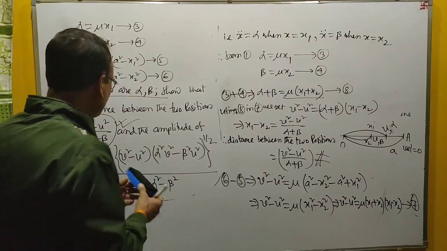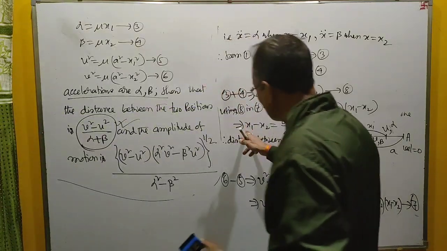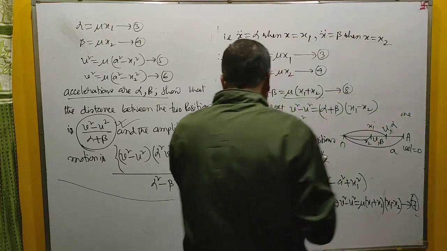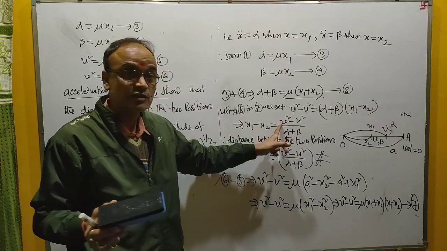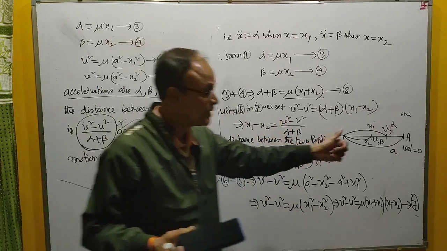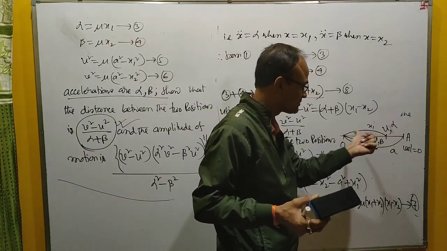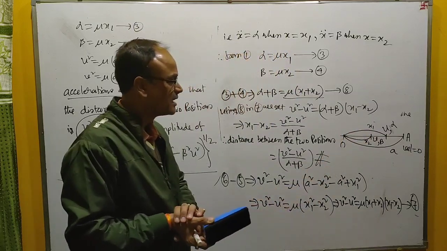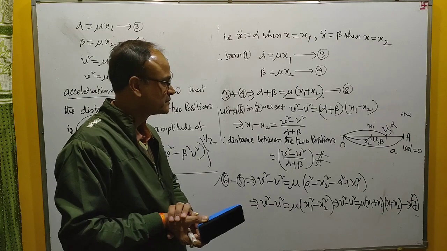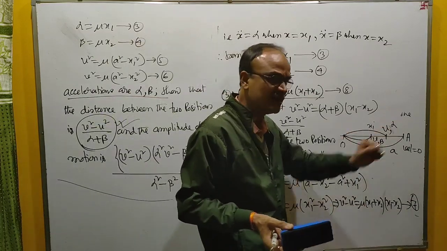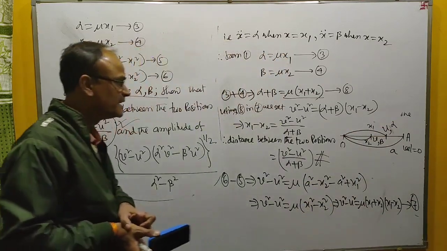Then the answer will come in this form: x2 minus x1 equal to v square minus u square divided by alpha plus beta. You must write here v square minus u square, not u square minus v square, because v is greater than u here.